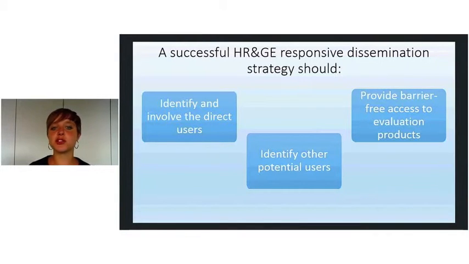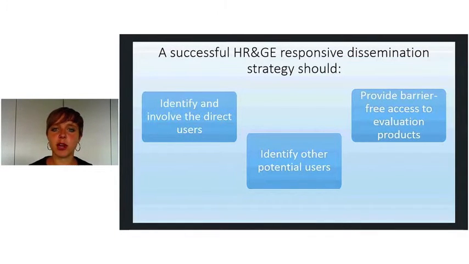Next, they used different tools during that stakeholder meeting. For example, they had presentations, discussions, even a movie, and an award ceremony, which appealed to different audiences. And finally, they used the results of that discussion in the stakeholder meeting to inform the management response.